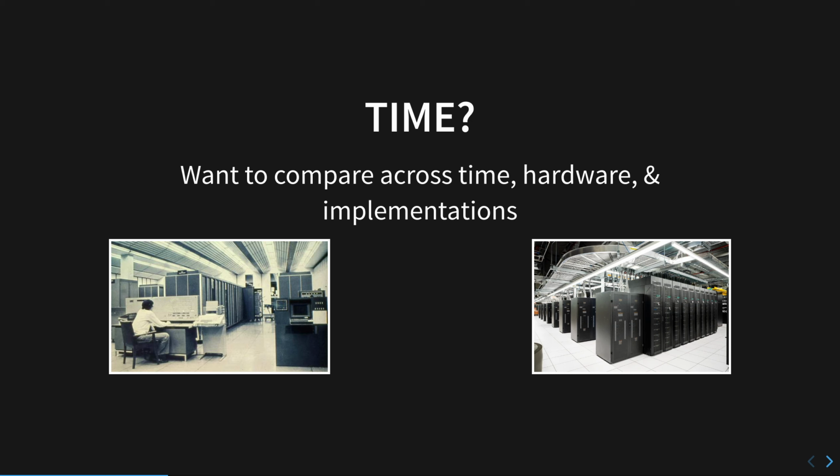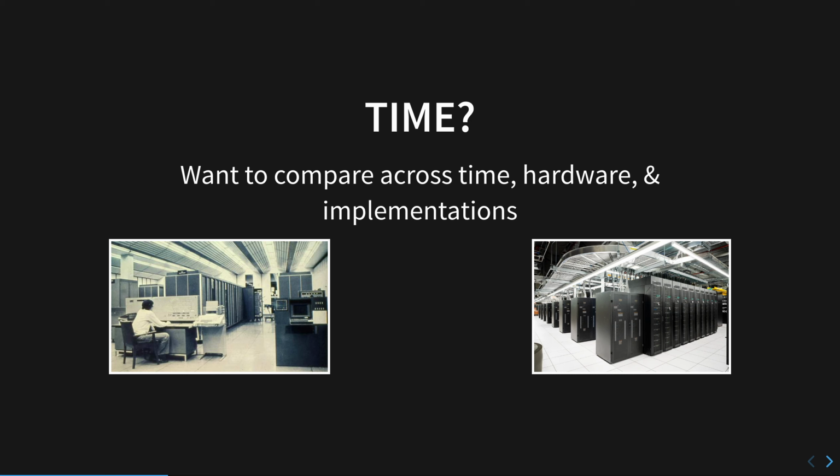Also, we want this analysis to hold up or be valid across different hardware. That's why I have the picture of the old mainframe versus the supercomputer. Hardware will speed up how fast the algorithm runs in terms of wall clock time, but it's not going to speed it up in terms of the number of steps it takes to find the answer to the problem.